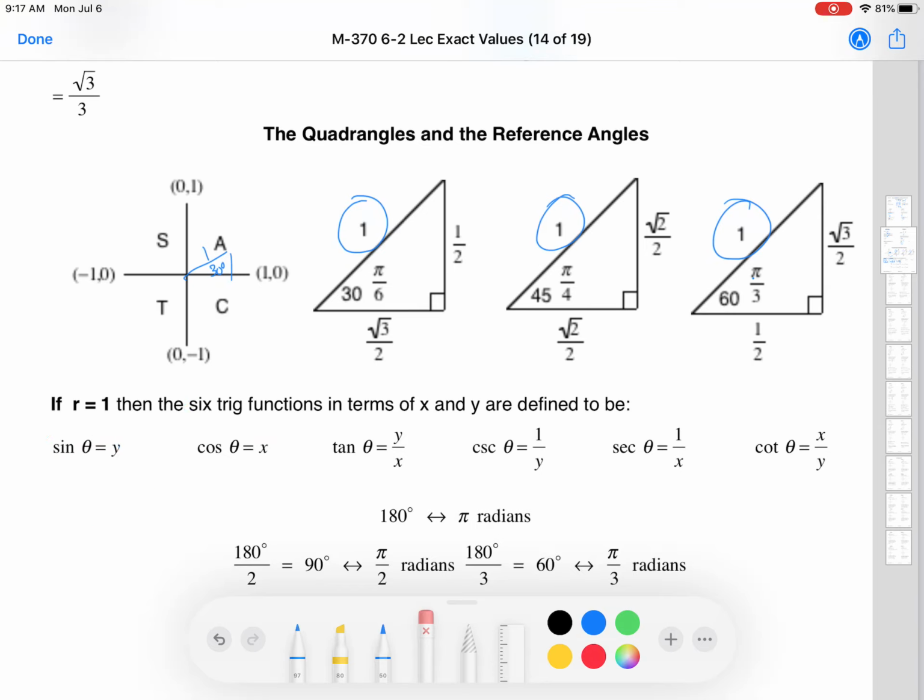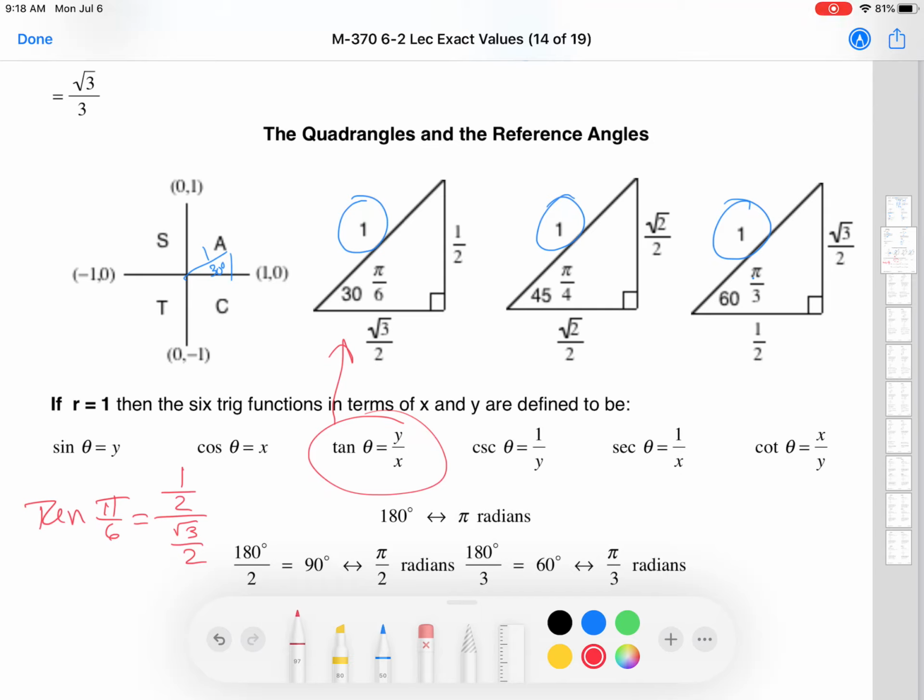But if we want to go look at doing something like, and I'll put it in red, sorry, let me switch to red, tangent. If I go look at tangent related to this triangle, tangent of pi over 6 is equal to y over x. And that's what it would look like.